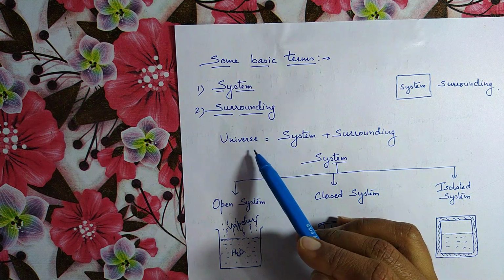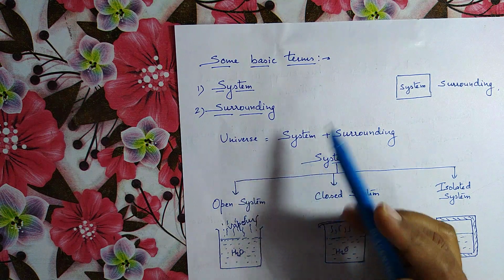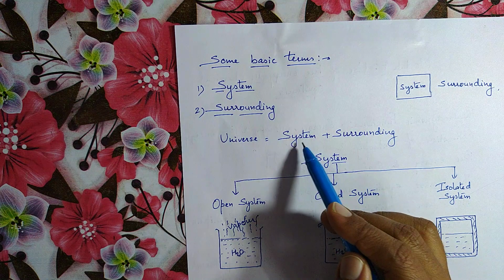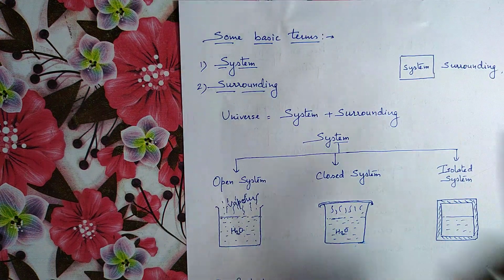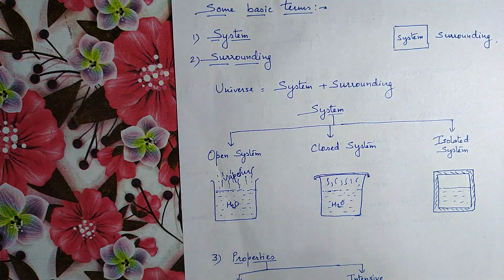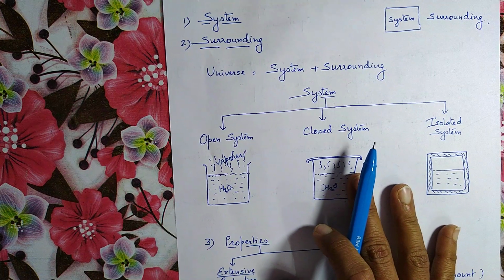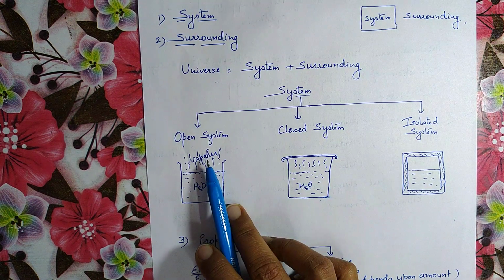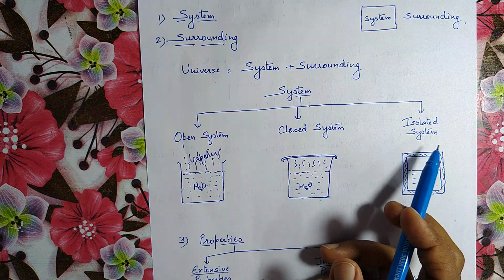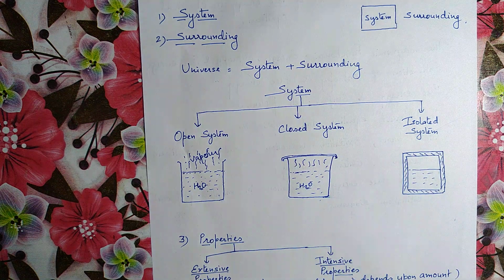It means the universe is the sum of system and surrounding. Then come to the types of system. A system may be an open system, closed system or isolated system.